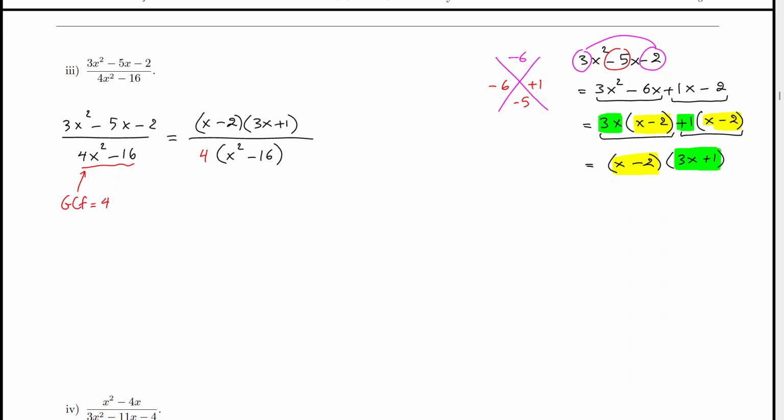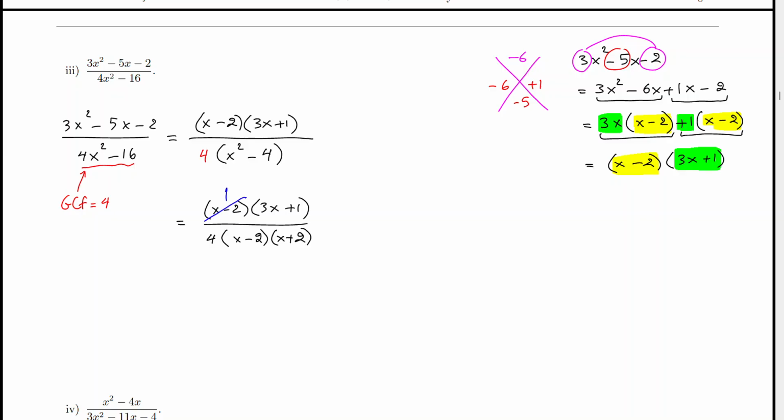However, x squared minus 4 itself is a difference of squares, so I can factor that part itself and use the difference of squares pattern or formula to rewrite it as x minus 2 times x plus 2. I made a typo. I copied the 16 right off the bat without changing it, but it should be 4 instead. And still, it is a difference of squares with x minus 2, x plus 2 as the result.